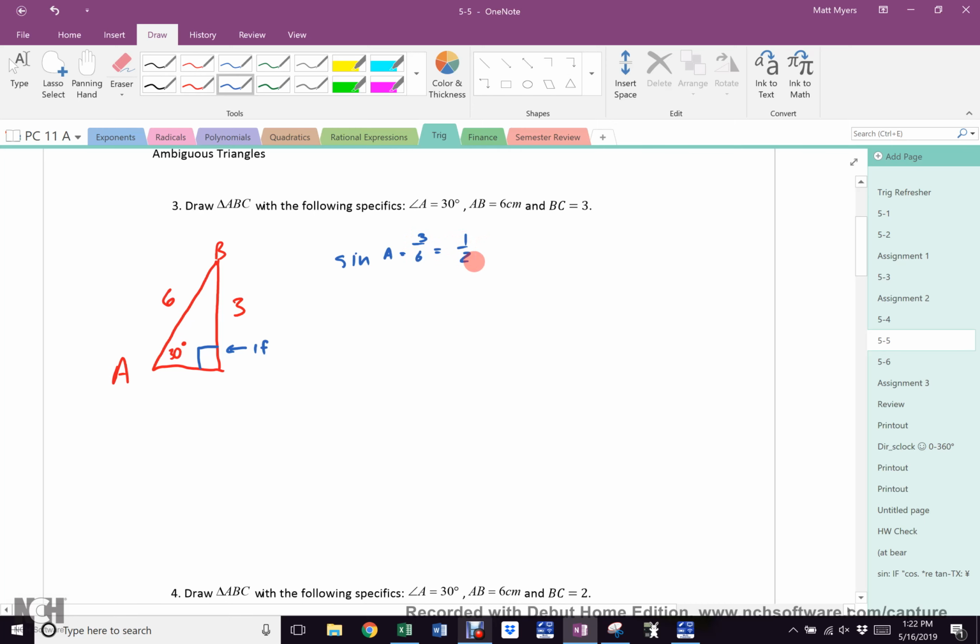Which is what? 1 over 2, correct? Now, you already know about the special triangle, 30. And in a special triangle of 30, how long is this side? Don't look at how it's drawn. Tell me how long the side opposite 30 is in the special triangle that you are comfortable working with.